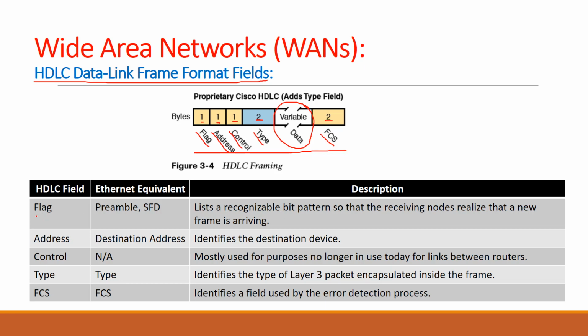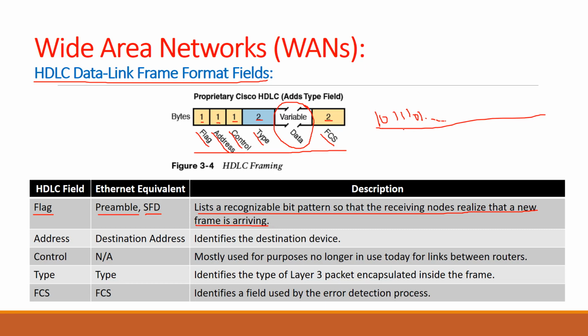Let's take the first field, which is flag. Its equivalent on Ethernet is the preamble or the start of frame delimiter. It lists a recognizable bit pattern so that the receiving nodes realize that a new frame is arriving, because we have a stream of data, 1 0 1 1 1 0 1, and so on.